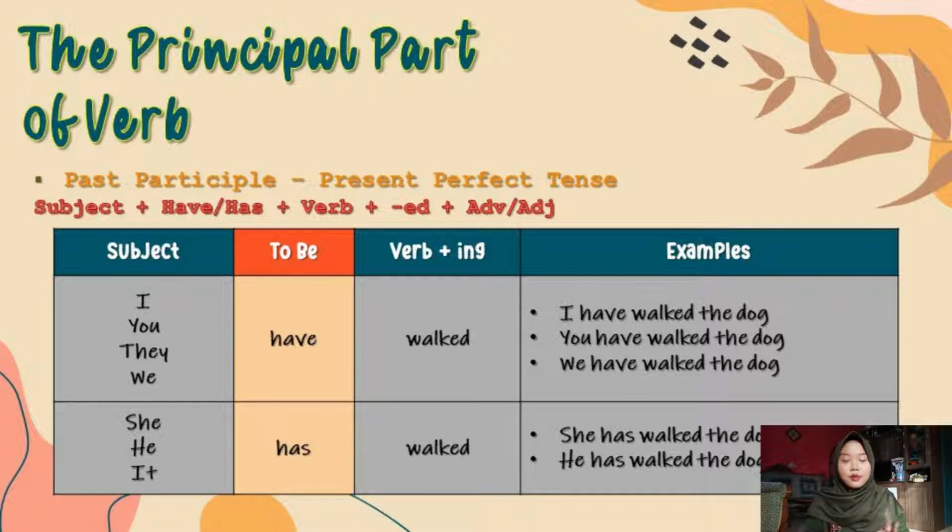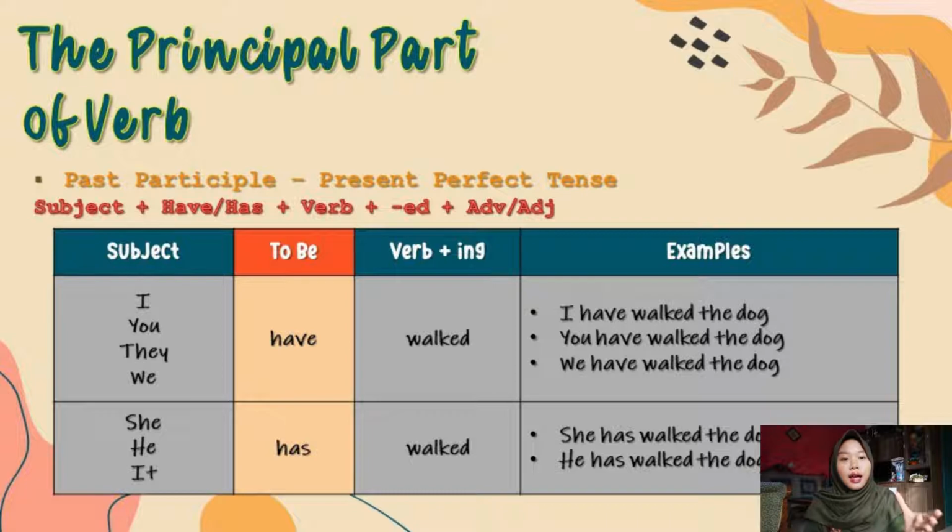There are two types of past participle. First is present perfect tense. The formula is subject plus have or has plus verb plus ed plus adjective or adverb. So if you use the subject I, you, they, and we, you have to use have.